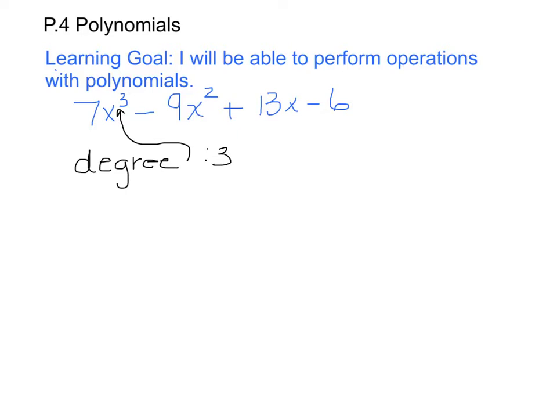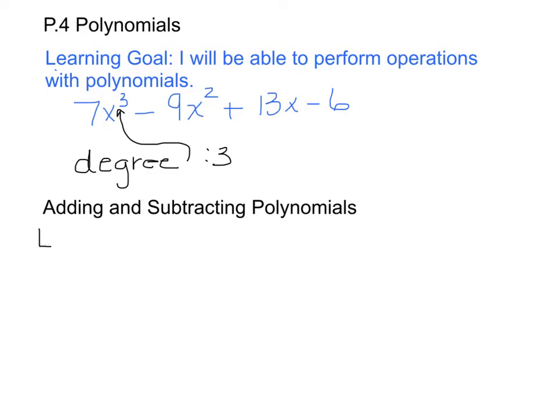So we're going to first start off with adding and subtracting polynomials. Okay, so for our first example, this is the polynomial.